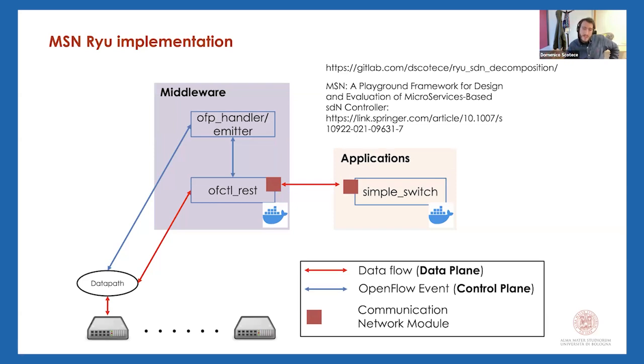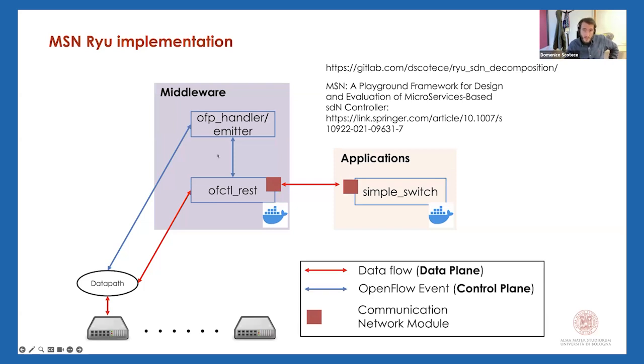In that way, we can have only the middleware, that is the core of the controller, in a container, and then different containers that contain applications, SDN control applications or external applications, that expose a Ryu REST interface.